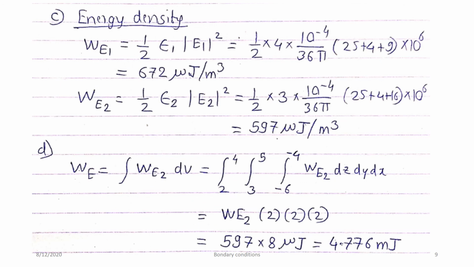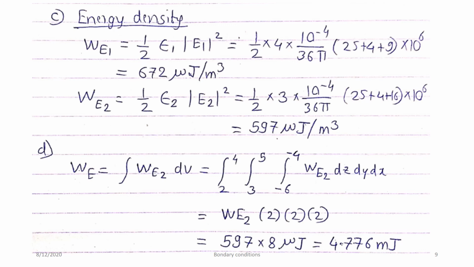Now here we should remember the formula for energy density. The energy density WE1 for the first region is 1/2 epsilon 1 magnitude of E1 squared, and the second is 1/2 epsilon 2 magnitude of E2 squared. Find the magnitudes of E1 and E2 and substitute, and finally we get WE1, the energy density in region 1 for the electric field, as 672 microjoule per meter cube, and in the second region 597 microjoule per meter cube.